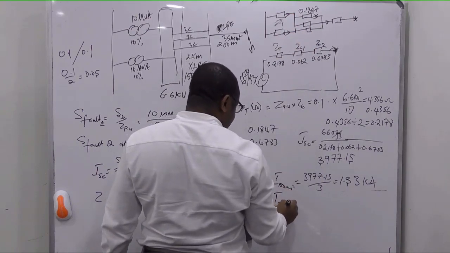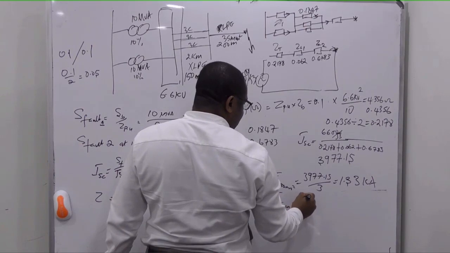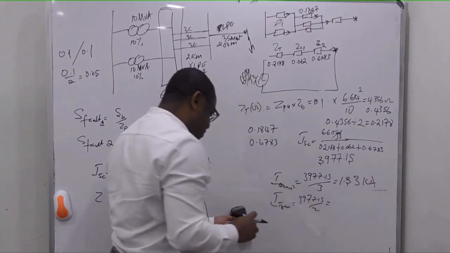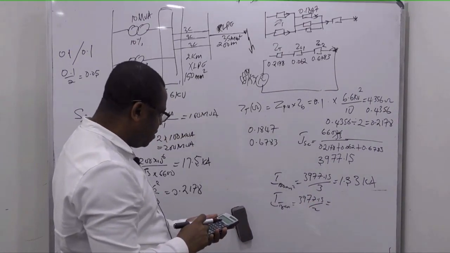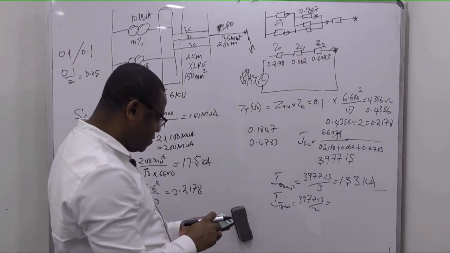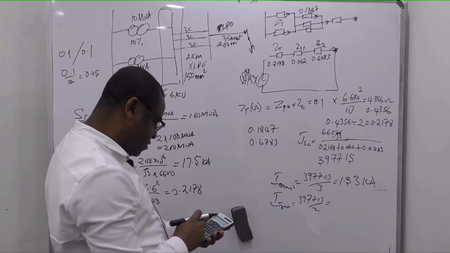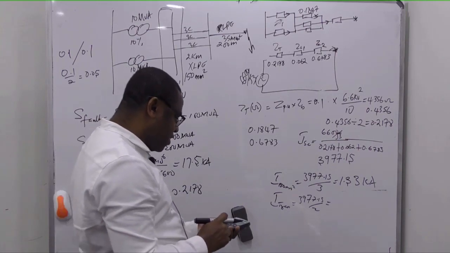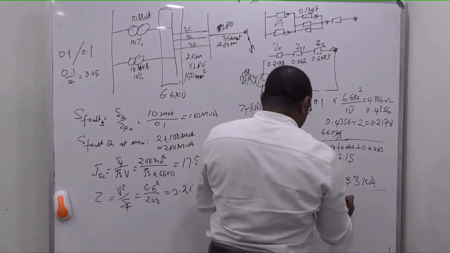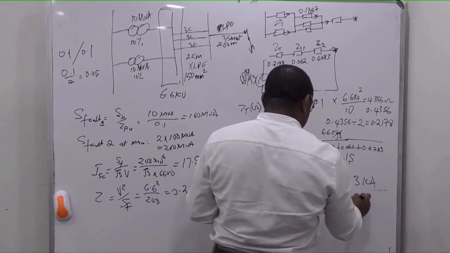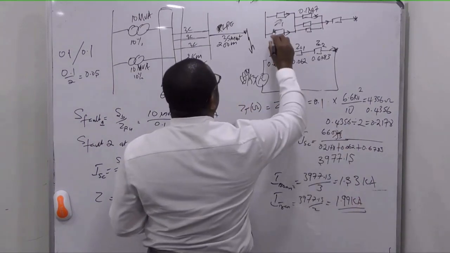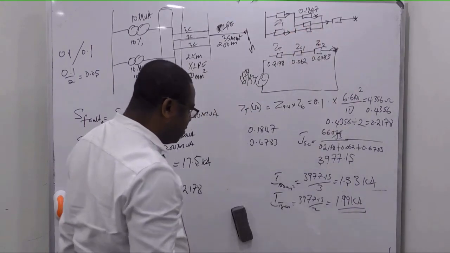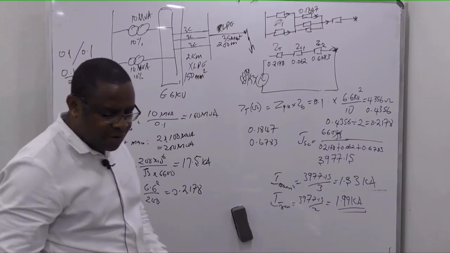I of each transformer will be 3977.15 over 2, you get 1.99 kA. That's how much will come from each transformer, and then add up to get that 3.97.